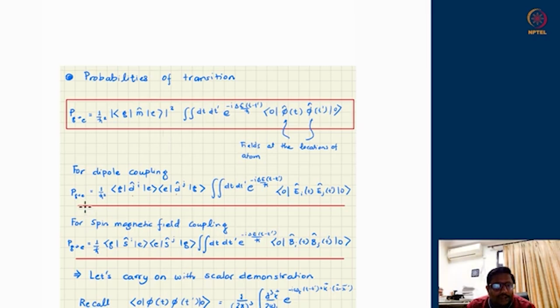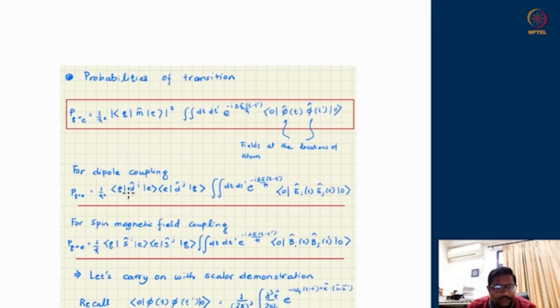For instance, typical atoms would have some dipole moment, which would be a vector operator property of an atom, which will talk to the background electromagnetic field through an interaction Hamiltonian of the kind d dot E, where the dipole operator vector d will talk to the electric field vector operator in quantum field theoretic language.